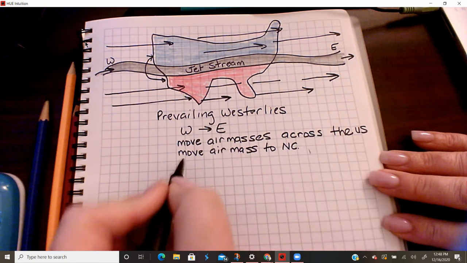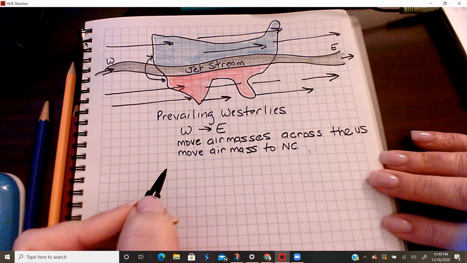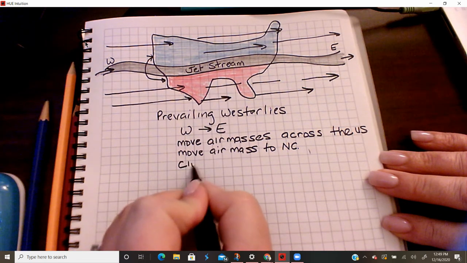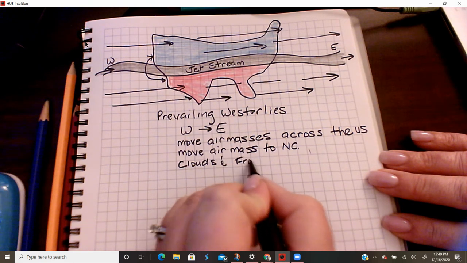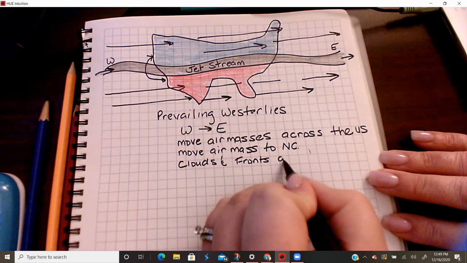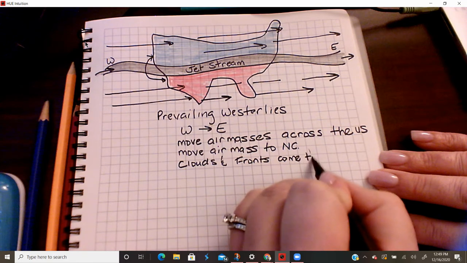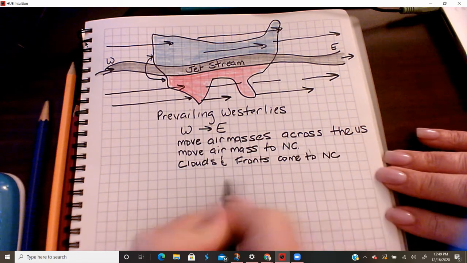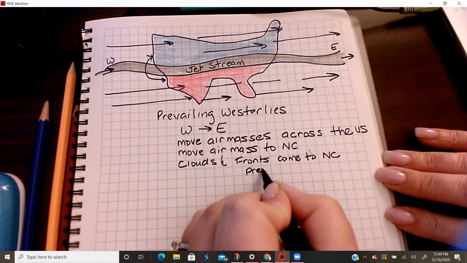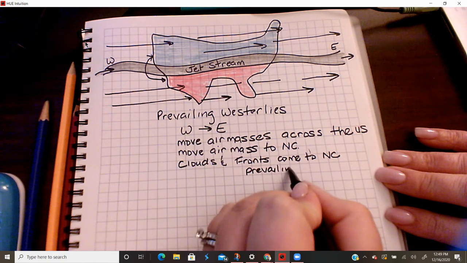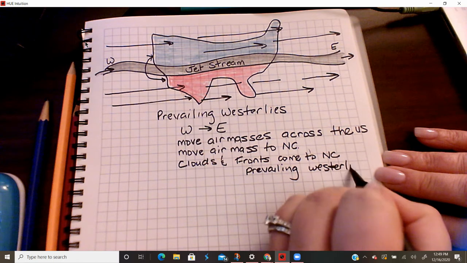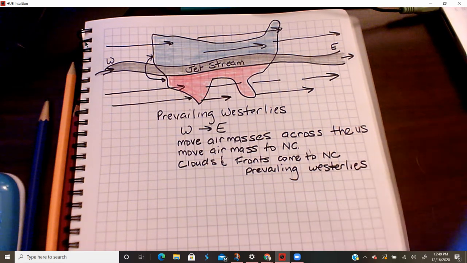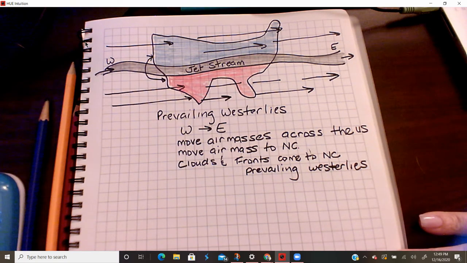So fronts can be moved across the United States, clouds and fronts come to North Carolina because of the prevailing westerlies. Big, giant, massive winds that blow from west to east across the whole United States.